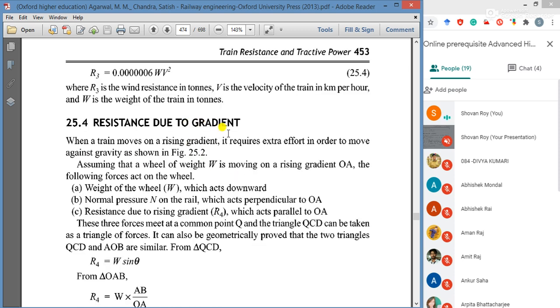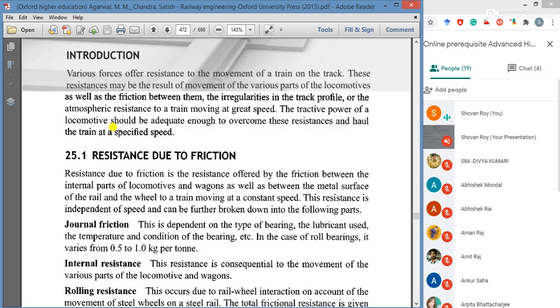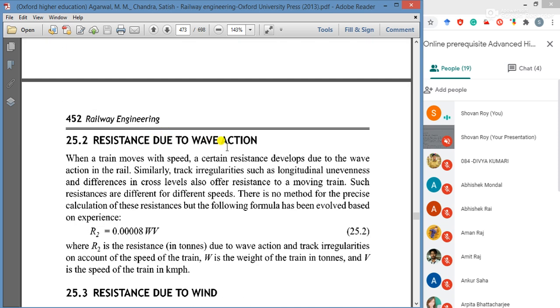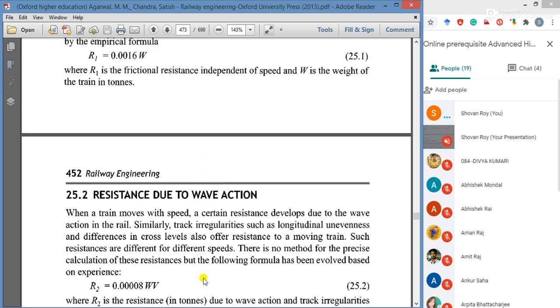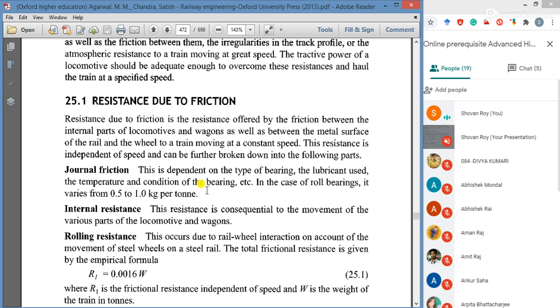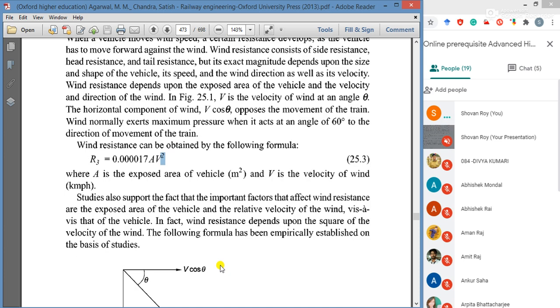Next is resistance due to gradient. Up to that, very important: resistance due to friction, resistance due to wave action, and resistance due to wind are general resistances which are normally generated for any kind of railway track. From these three, R1, R2, R3, we can calculate the actual speed of the train, the actual speed of the locomotive.